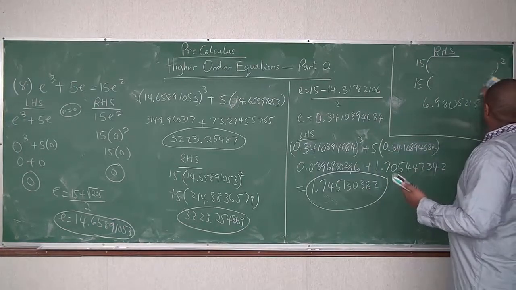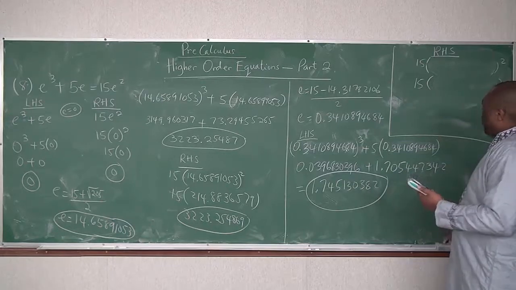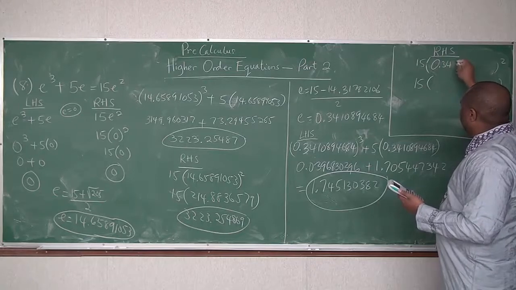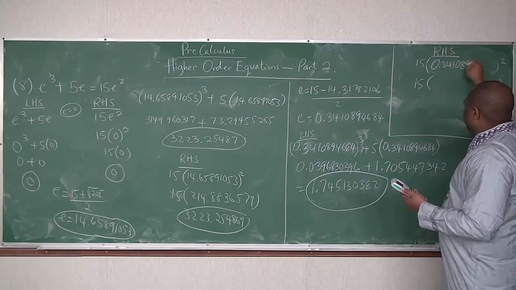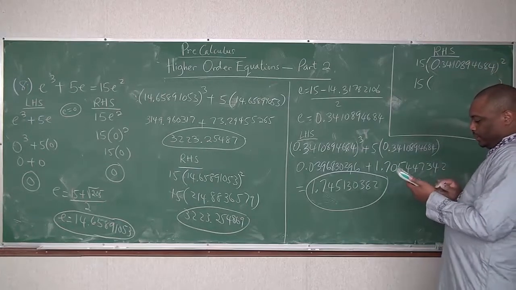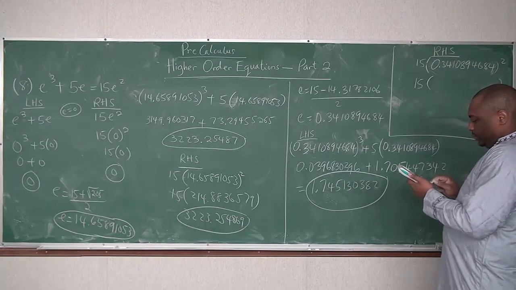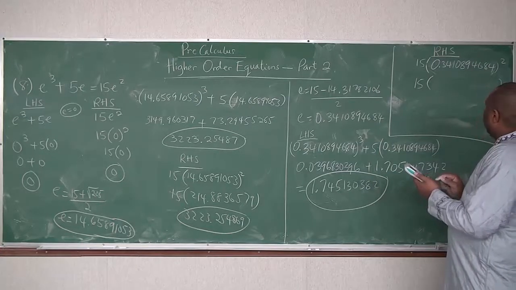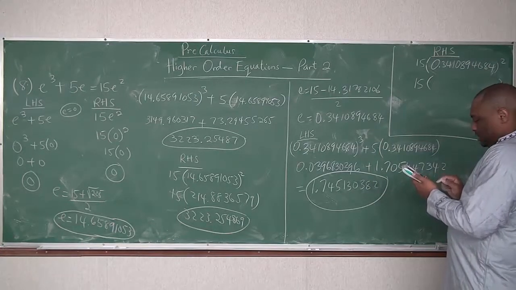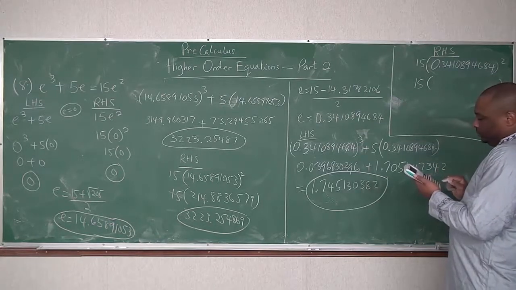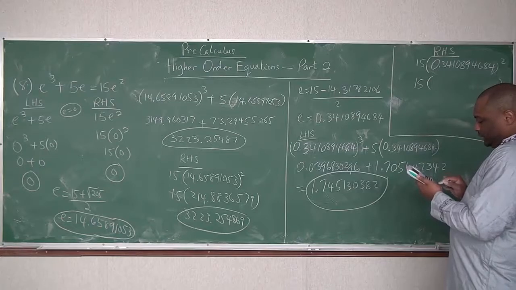Now let's fix this here. Let us fix this. This is 0.3410894684 squared, then times 15.